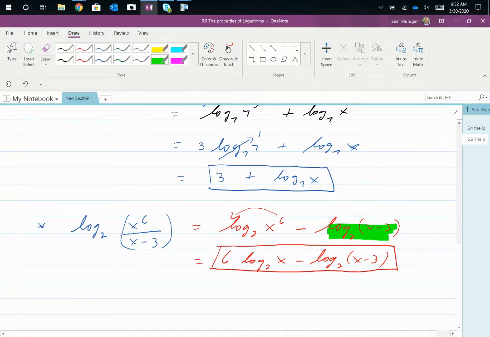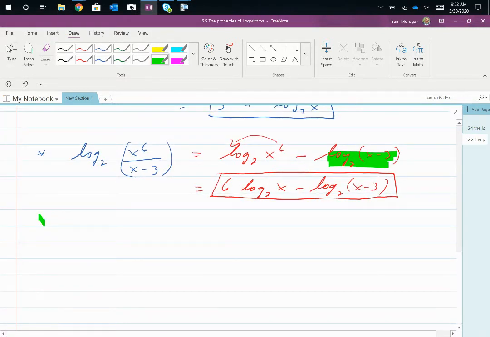Let's see perhaps one or two more examples. Natural log of x over e to the power 6x.